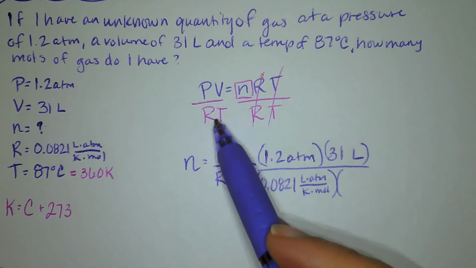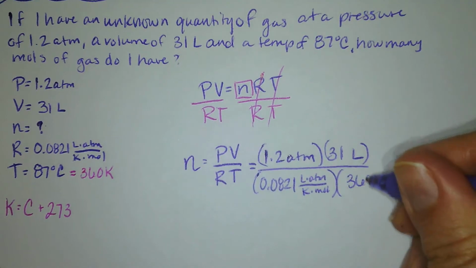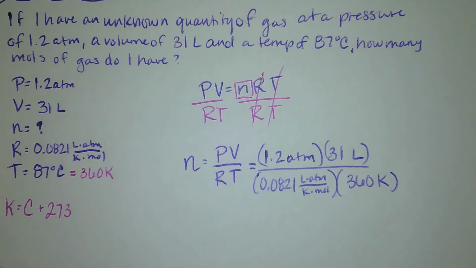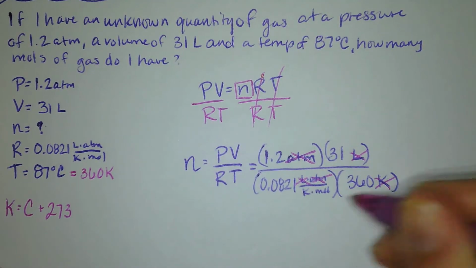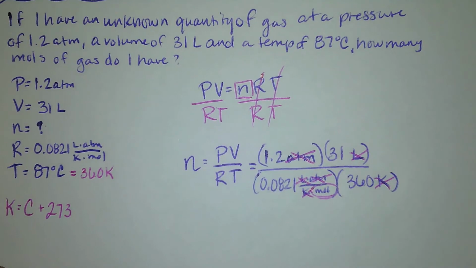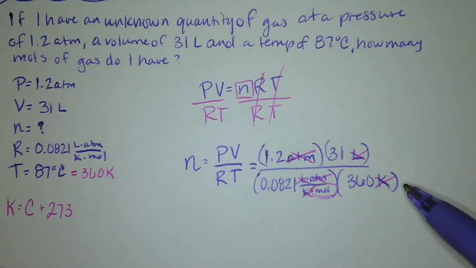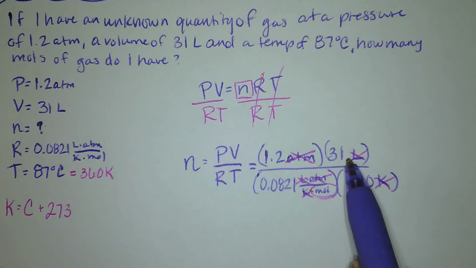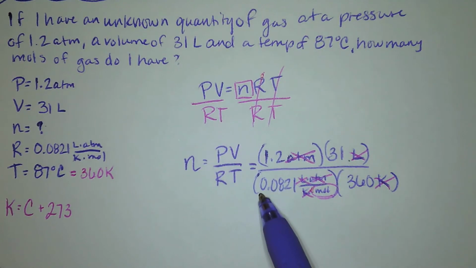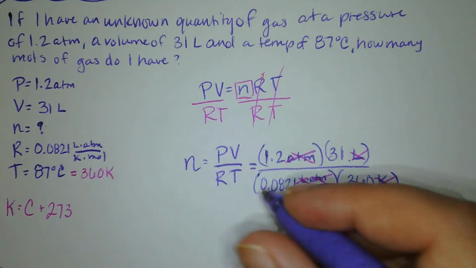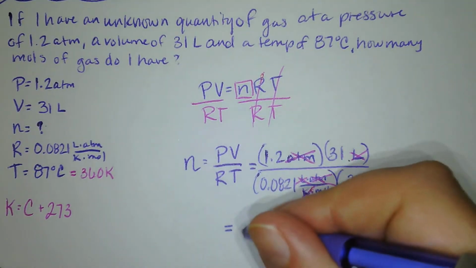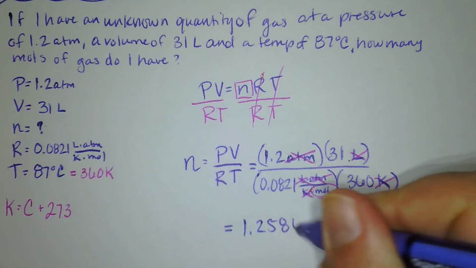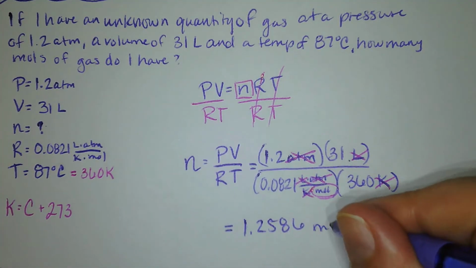And temperature is 360 Kelvin. All right, let's see how our units will cancel. Atmospheres cancel, liters cancel, Kelvin cancels, and we're left with moles. All right, do the math. 1.2 times 31 divided by 0.0821 divided by 360, and we should get a value of 1.2586 moles.